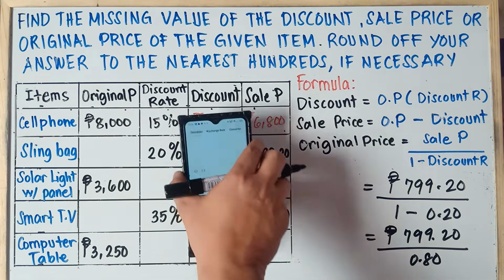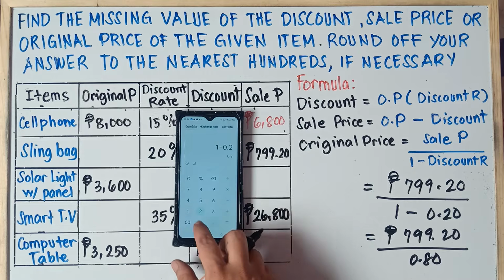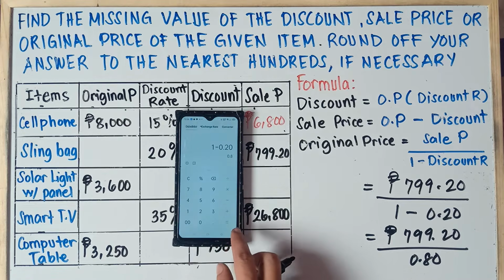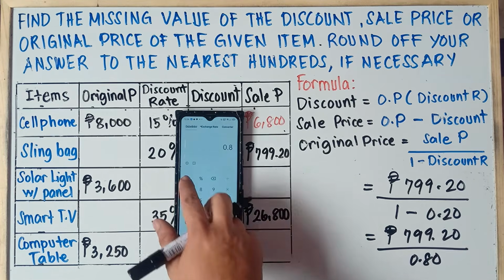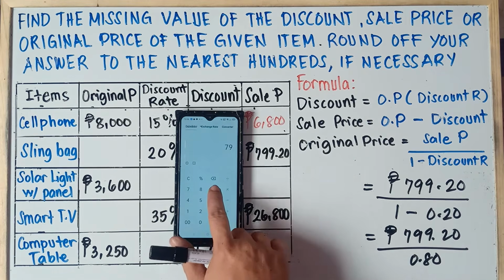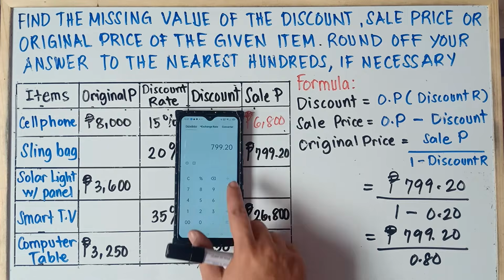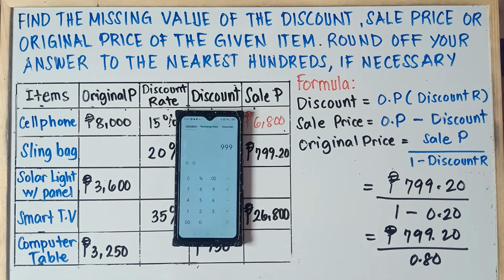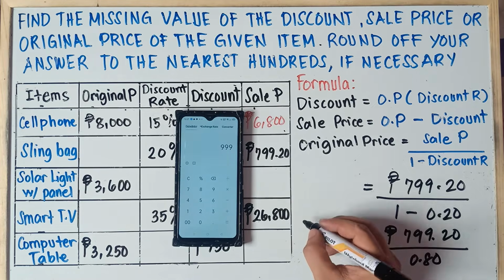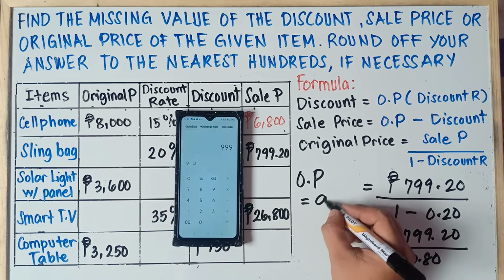Let's double check: 1 minus 0.20 would be 0.8 or 0.80. That's the same, class. So 799.20 divided by 0.80, and the answer, class, is 999. Therefore, the original price is equal to 999.